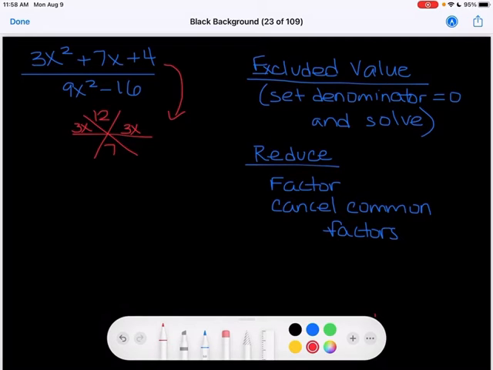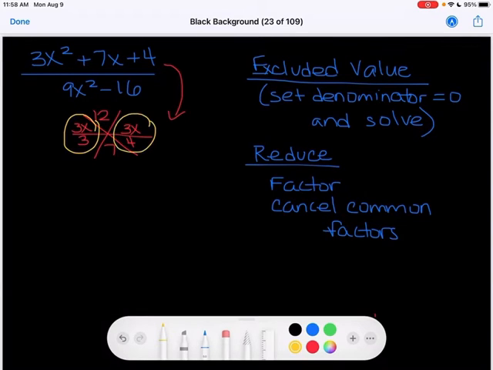And I need to find two numbers that multiply to 12 that also add up to 7. So I've got 1 times 12, that's not going to work. 2 times 6, that's not going to work. 3 times 4, that would work because 3 times 4 is 12 and 3 plus 4 is 7. But now I need to reduce these. Okay.